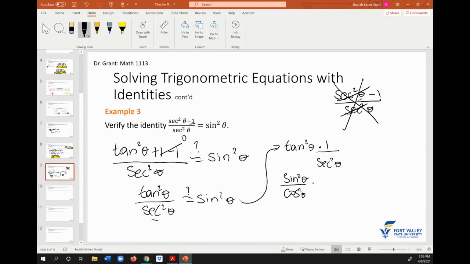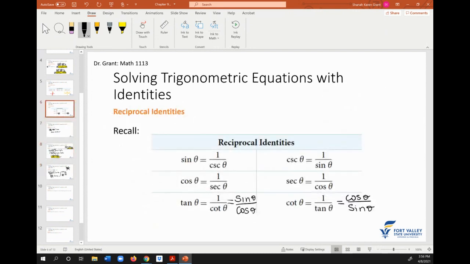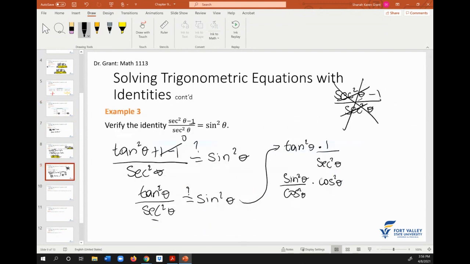Now, if you recall the reciprocal identity, 1 divided by secant squared theta is going to give me cosine squared theta. So we're using this one here. Okay, and so what do you note?